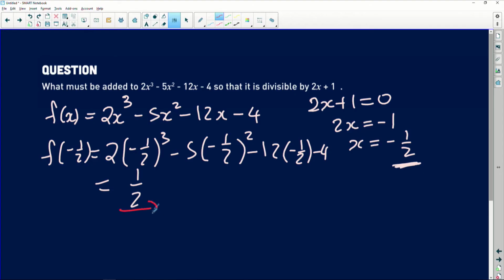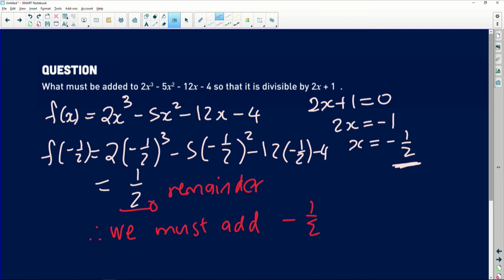If the remainder becomes 0, then that will make 2x plus 1 divisible into the given cubic. So according to this, we are left with a remainder of a half. So in order for this to be a factor, we must add minus 1 over 2, because then half minus half is going to become a 0.